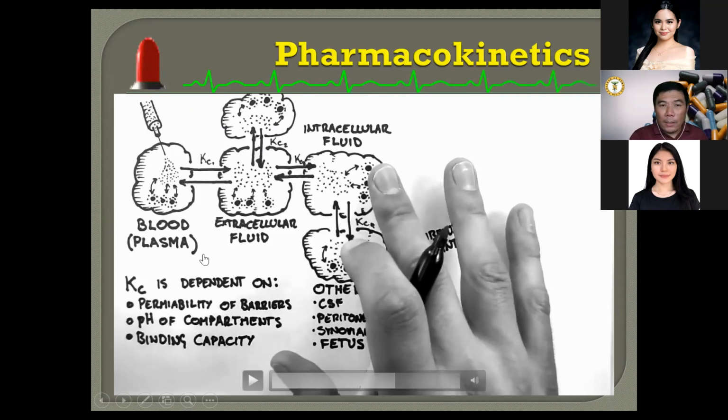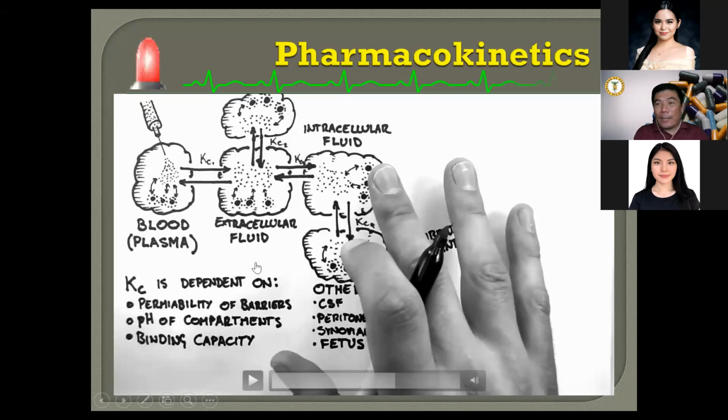Now, when the drug properties reach the plasma, these drugs will be distributed back and forth. Kaya the arrows are going through and going forth or back. It goes to blood plasma, extracellular, some goes to the intracellular, some goes to the fats, and some push through with other fluids.